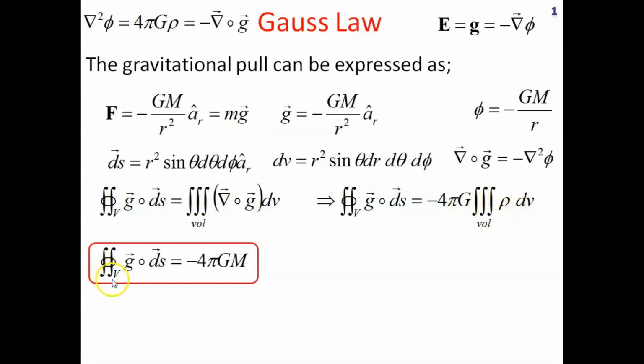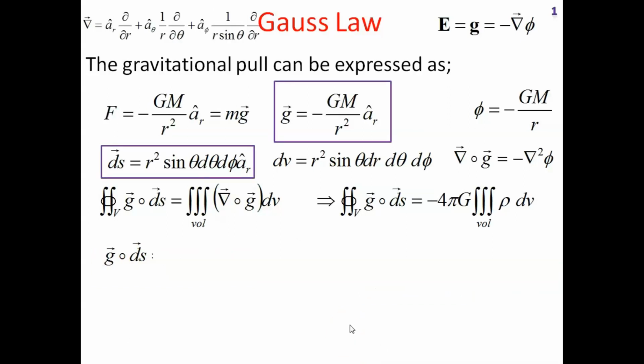So the double integration over the closed surface, when the surface encloses some volume, of G bar dot ds bar is equal to minus 4 pi G m. This is known as the integral form of Gauss law for gravitation. Now we are quite acquainted with del square phi equal to 4 pi G rho. This is the differential form, and for comparison you can have a look at both equations at a time.